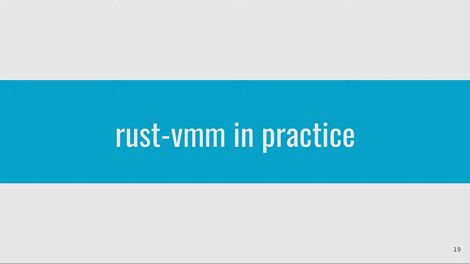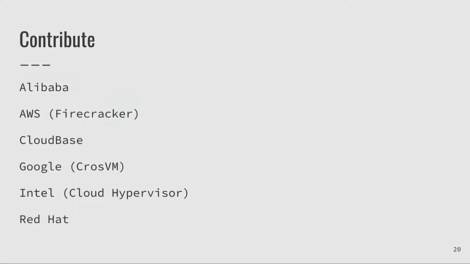Thanks. So how do we use Rust VMM? Before going into a concrete example, I just want to describe who is contributing right now to Rust VMM. They're kind of the usual suspects: Red Hat, Google, Intel, and then we have AWS as well, and also Cloudbase, which is a small company contributing to Rust VMM for the Windows support.